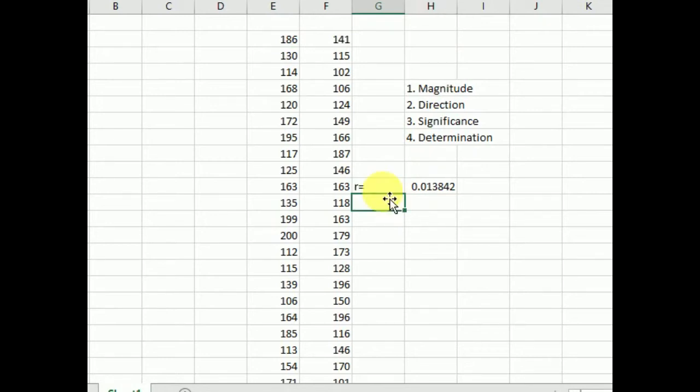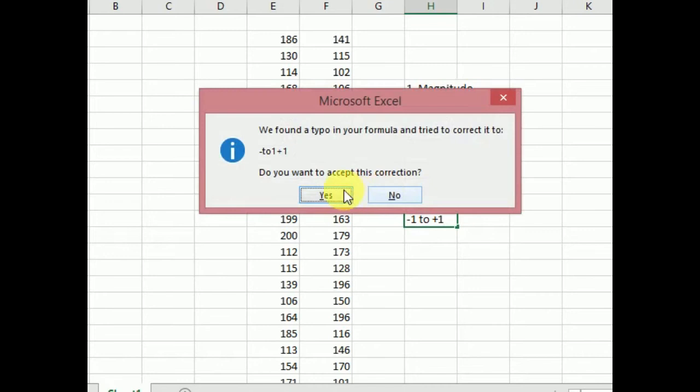And then what you have here is the coefficient of correlation or coefficient of relationship. The coefficient of correlation goes from -1 to +1.